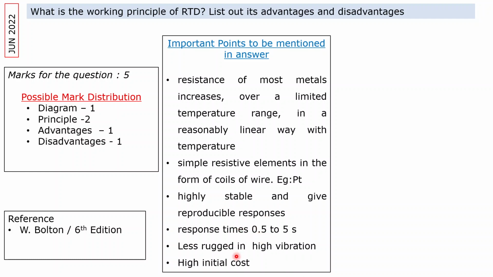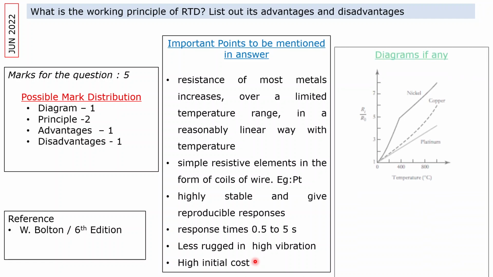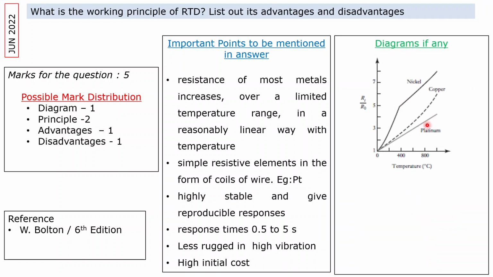The disadvantage is that it is less rugged in high vibration, so vibration will affect the measurement, and it has a high initial cost. This is a graph showing the temperature variation for these RTD materials, and you can see platinum has a straight line, so platinum is widely used as RTD, but it is heavy and costly.